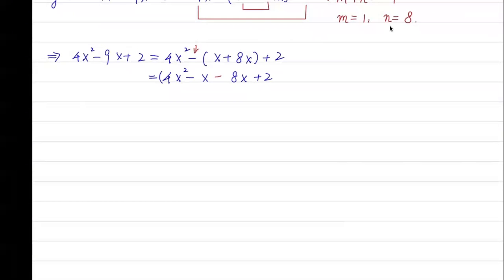And we're going to group these two terms together and these two terms together. However, please pay attention, because we're grouping these two terms together and this is a minus sign, this sign needs to be flipped again. So this needs to be changed to minus 2.